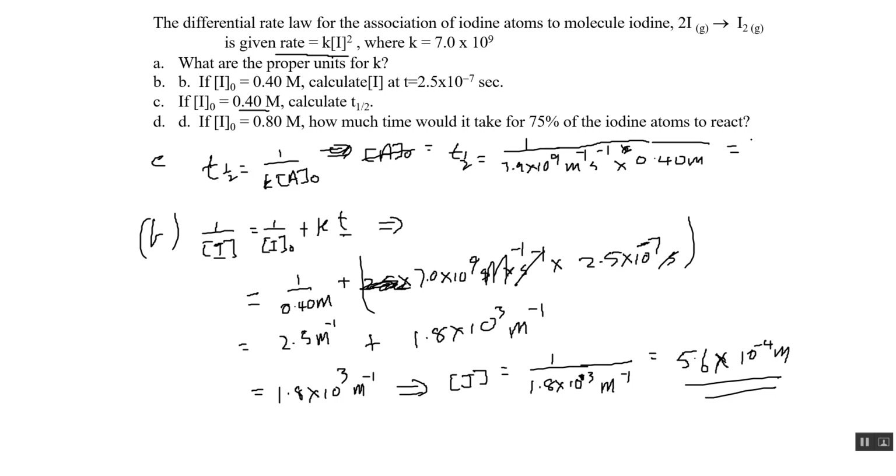So 7.9 times 10 to the 9 times 0.4, and then 1 over that. So according to my calculations, this works out to be equal to 3.2 times 10 to the minus 10.